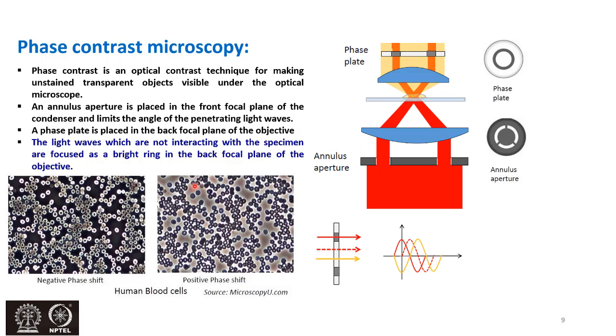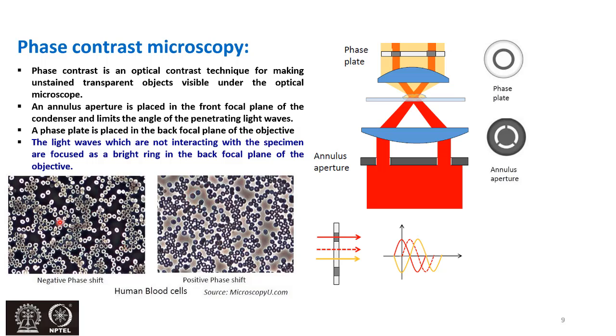So the background is seen as a bright color, because this is not interfering with any object, there is no object here. That's why the background is white or bright, and the objects are becoming darker. So that is basically phase contrast.